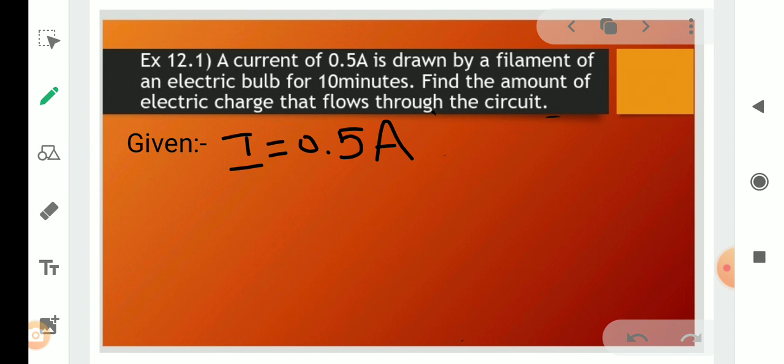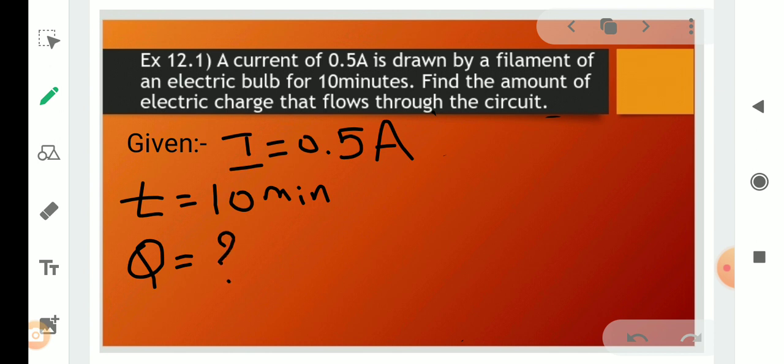Then time t is given. Time t is equal to 10 minutes. What we have to find? Electric charge. Therefore Q you have to find.